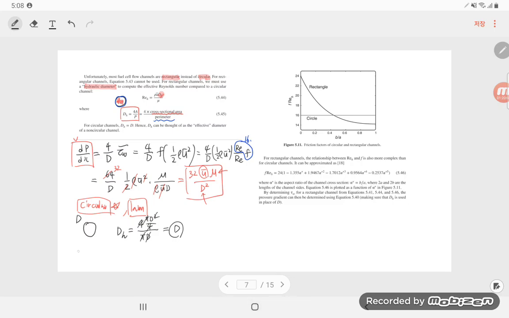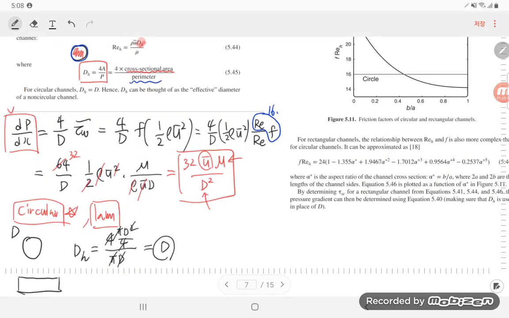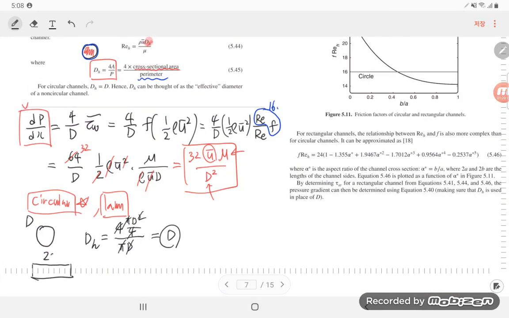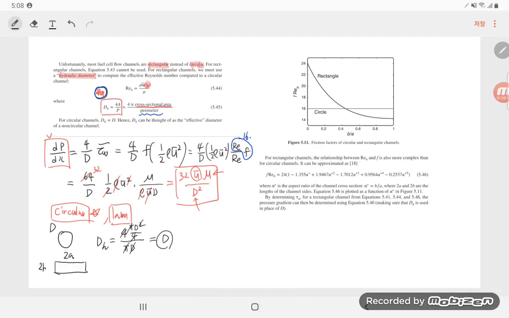And how about the rectangular shape? Okay, we assume that in the textbook 2a and this is 2b. The meaning of this a is the channel width, and 2b is the channel height. So what is the dH for this channel?